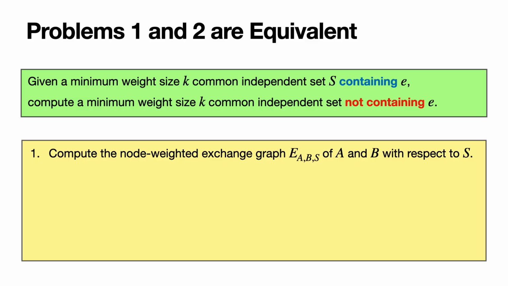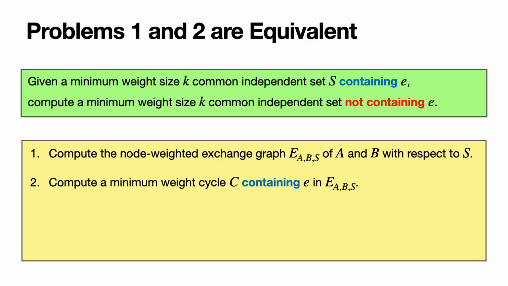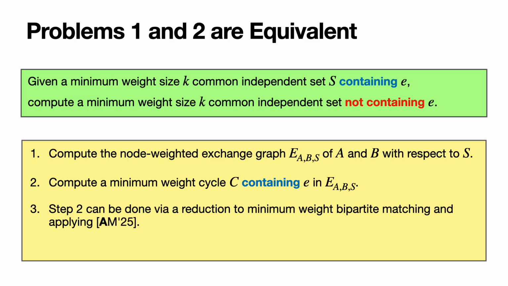So step 1 is to compute a node-weighted exchange graph of A and B with respect to S. Okay. Then we compute a minimum weight cycle C containing E in this exchange graph. This step can be done via a reduction to minimum weight bipartite matching and then just applying AM25.